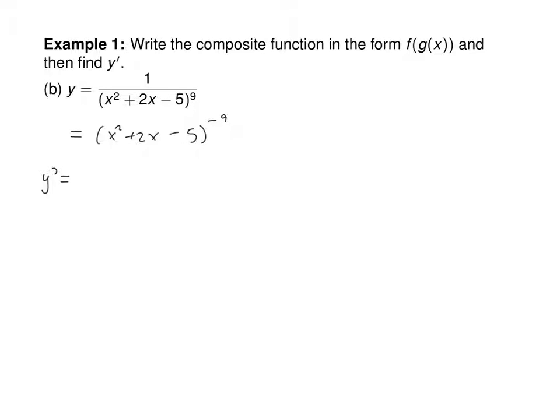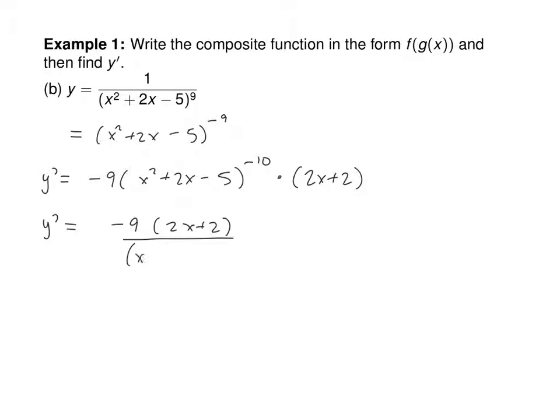Okay, so what is this derivative? First you pull the power down and it's negative 9. Does the stuff inside change? Nope. And then what's negative 9 minus 1? Negative 10, great. Multiplied by the derivative of the stuff inside, which will be 2x + 2. And then just write your final answer in the original form that it was, as in negative 9 times (2x + 2), and the x squared + 2x - 5 goes back in the denominator.